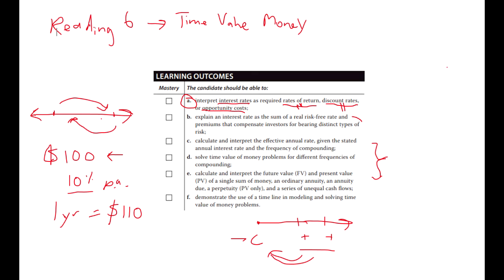And then finally, I guess in economics, interest can also be referred to as an opportunity cost. So as a finance professional, we don't refer to it as much in this sort of terminology, but we can do. So what is the opportunity cost of an investment?